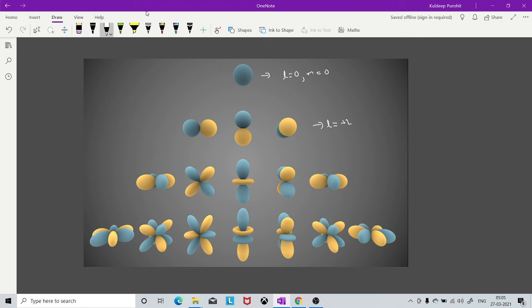So there are three possible orientations: m equal to minus 1, then 0, and then plus 1. Here, since L is equal to 2, there are five possible orientations: minus 2, minus 1, 0, plus 1, plus 2. Here, since L is equal to 3, there are 7 possible orientations. You know that there are 2L plus 1 possible values.